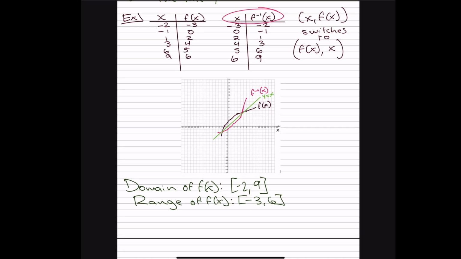Okay, now let's take a look at the domain of the inverse function. So again, you look at the x values of the inverse graph, and that becomes points from -3 to 6.